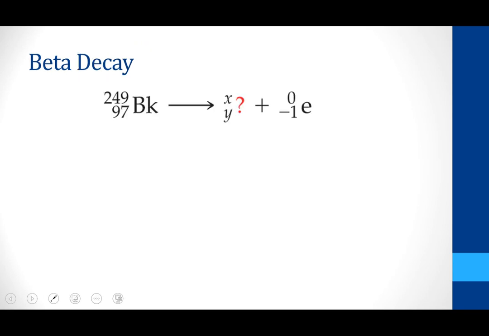All right, so here's another example of beta decay. Again, pause the video and see if you can determine what the new isotope is. All right, so here we have berkelium. Berkelium undergoes beta decay.